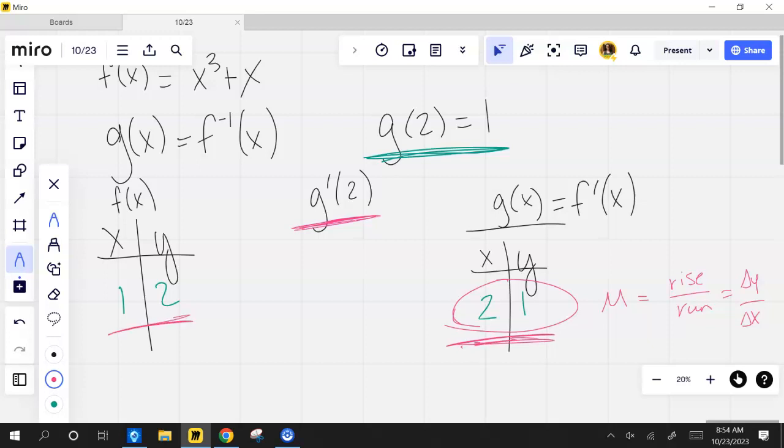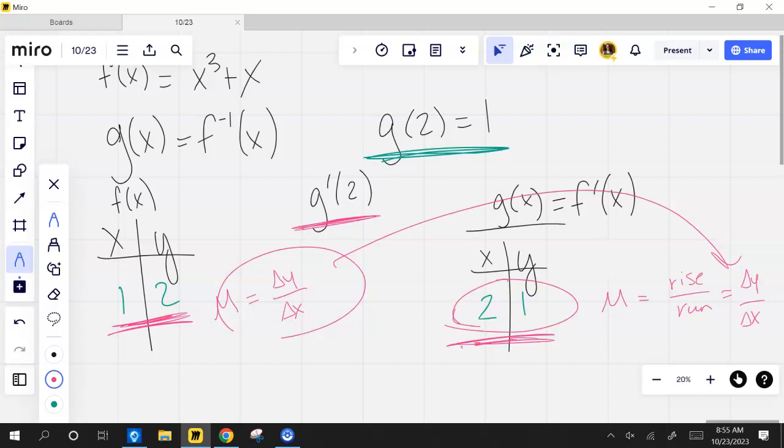However, what I can find is I can come over here and find the corresponding slope here. Same way, right? It's my change in y over change in x. But if I want to get from here to here, all I would need to do is what? Flip that over and switch those x and y's, right?